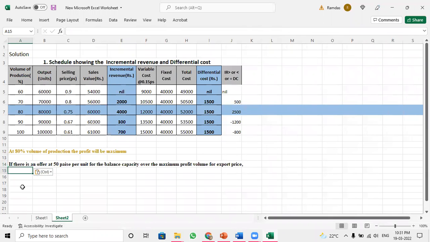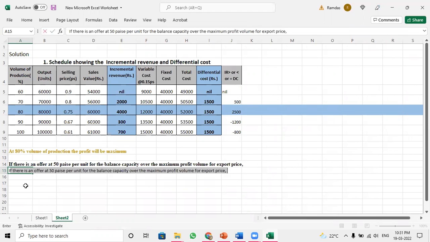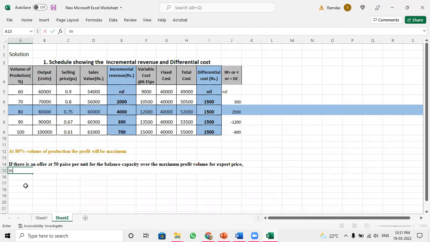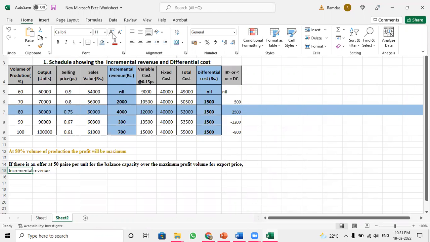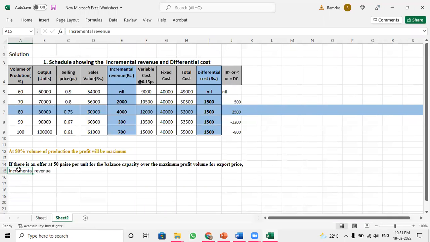Okay. So if there is an offer of 50 paise, we need to calculate first what? Incremental revenue. The balance of capacity is 20% of capacity. So 20% of capacity means another 20,000 units.